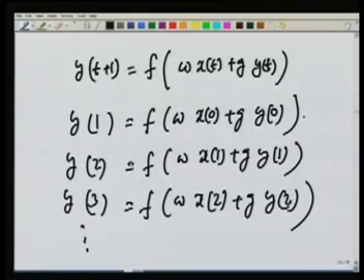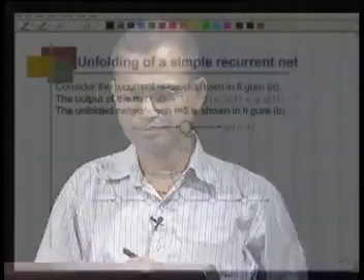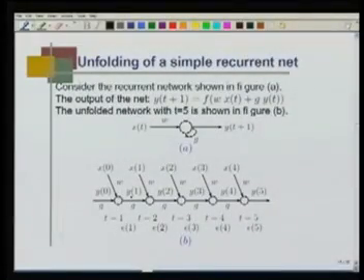So, this is what we are doing. Here y 1 is w x naught plus g y naught. Similarly, y 2 is w x 1 plus g y 1 and sigmoidal activated. This neuron is sigmoidal activated.